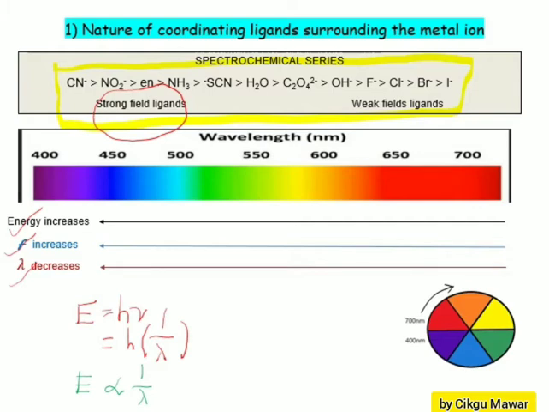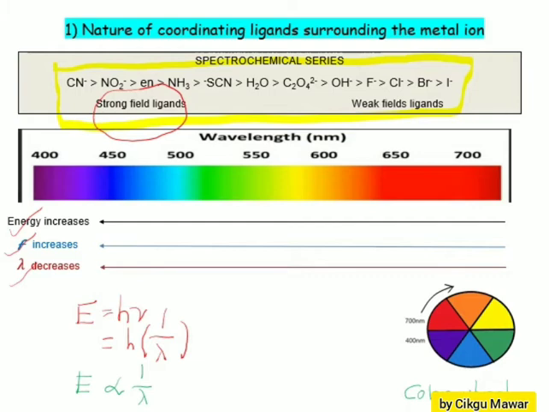For the color that will be absorbed at this wavelength, we can explain using the color wheel. We refer to the color wheel to determine the color absorbed and the color transmitted. The transmitted color is the complementary color, the color on the opposite side of the wheel.